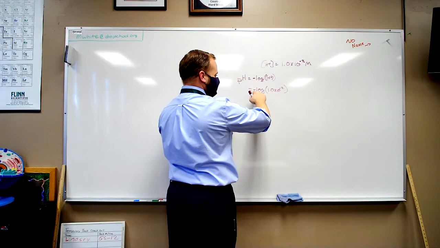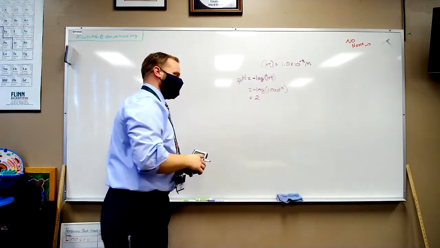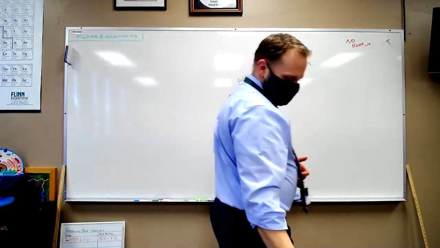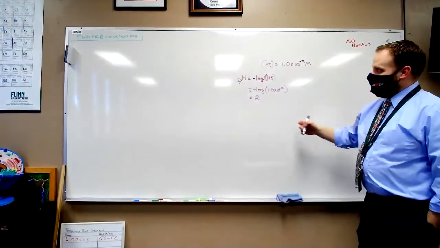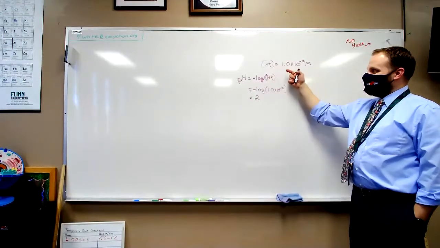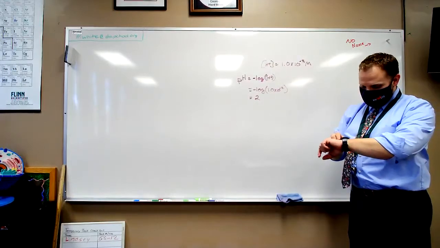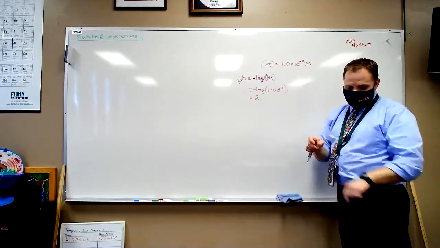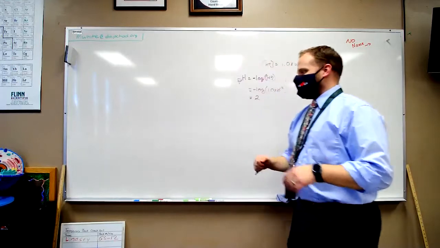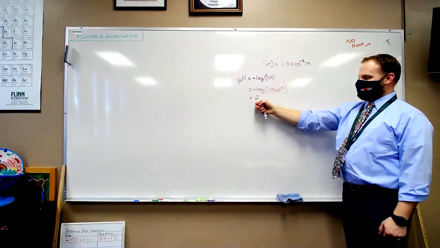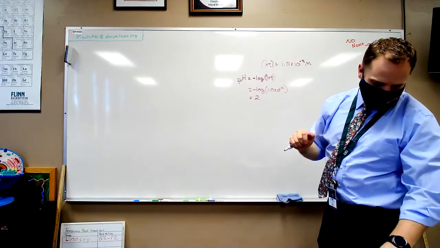But remember, there's a negative right there, which turns it into a positive. So pH is 2. And really, whatever this is, just put it in the calculator. That's what we're going to need to know. Honestly, it's pretty straightforward. Pull out your calculator, put that value in, make sure that you remember that negative, and you're done.